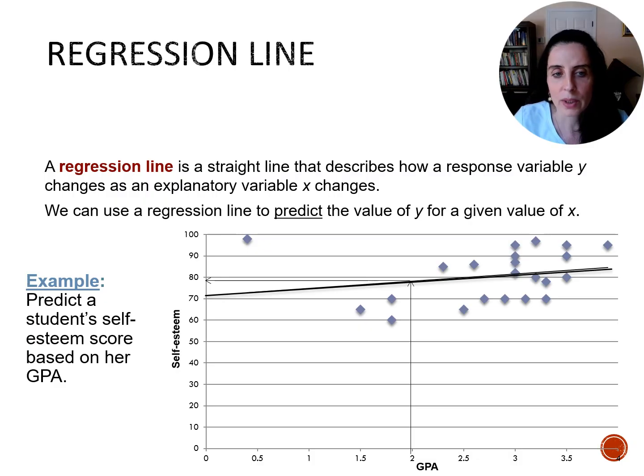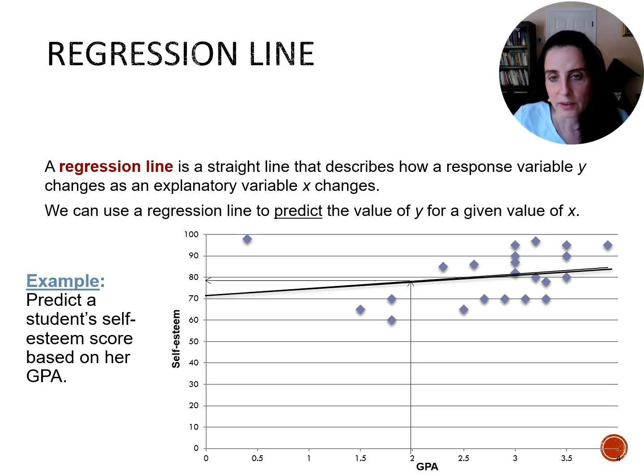If we draw a straight line from the point that represents a 2.0 GPA to the regression line, we find that point on the line where the student with this GPA would be located. If we draw a straight line from the regression line to the y-axis representing self-esteem scores, we then find this predicted self-esteem score that corresponds to the 2.0 GPA.